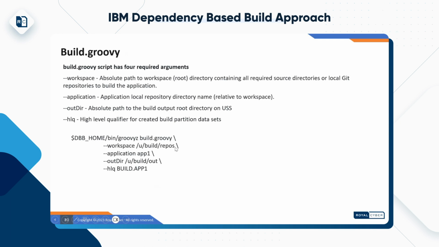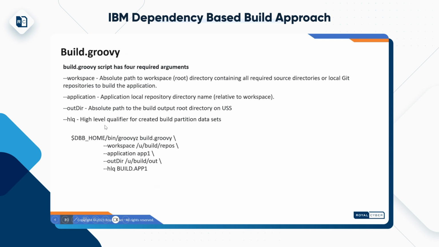This is whatever application you pulled from your local git. It will be here in your workspace, and you have to give your application name as your second parameter. Application name is nothing but your directory name in this setup.